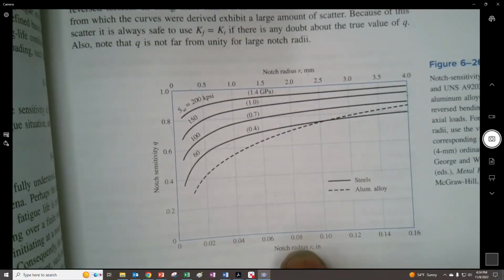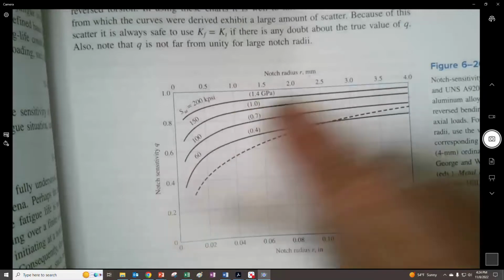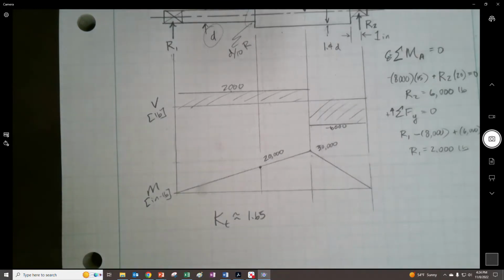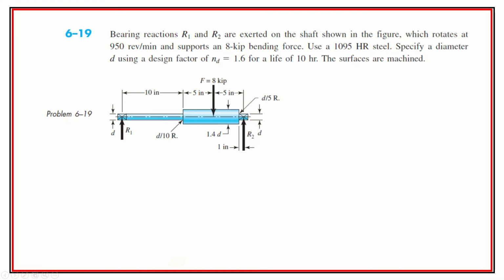But let's go back to the material for a moment. The material that we said we were going to have, let's open this back up. We said we're going to have 1095 hot rolled steel. And so let's look it up.